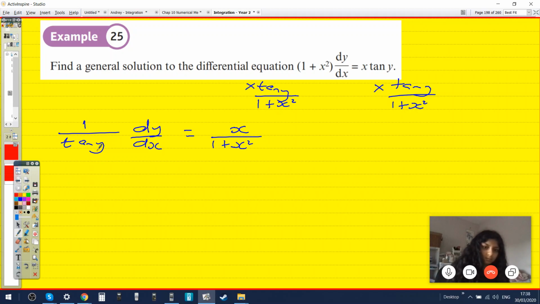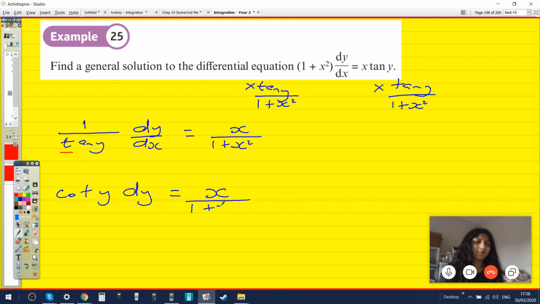Actually, what is 1 over tan y the same as? Sec. Nope, not sec. There's another one. What's it called? Its third letter should be a T. Cot. There we go. I once said that 1 over tan was cosec in front of all my friends who do double maths.